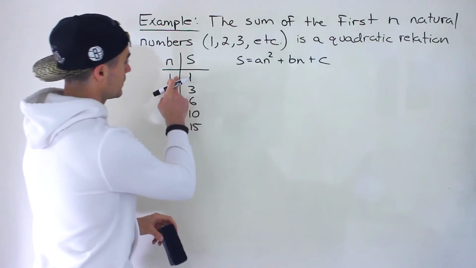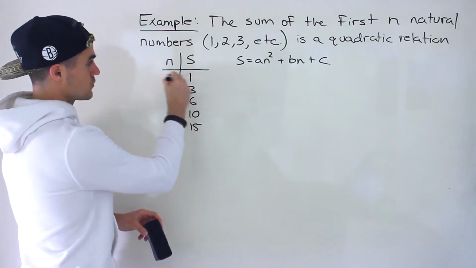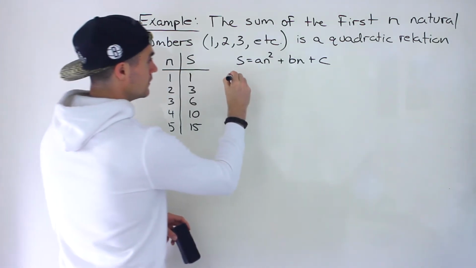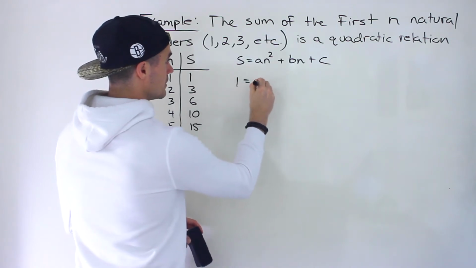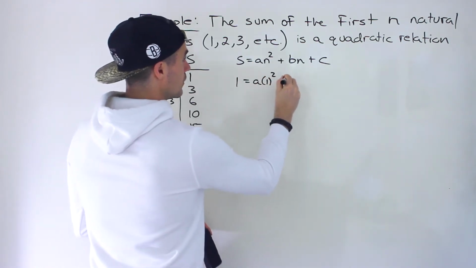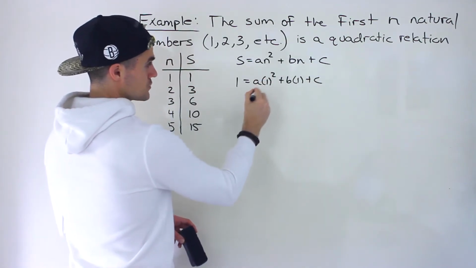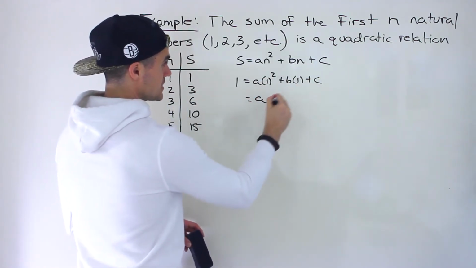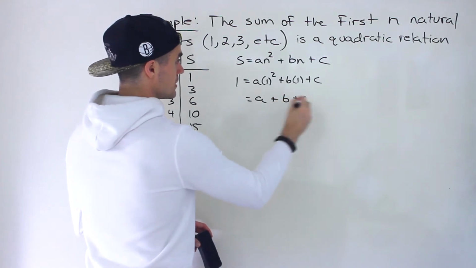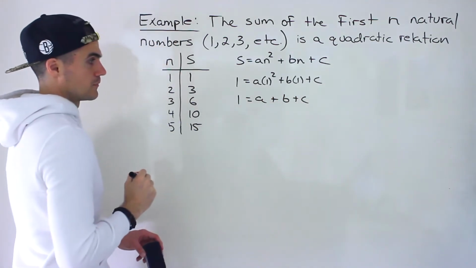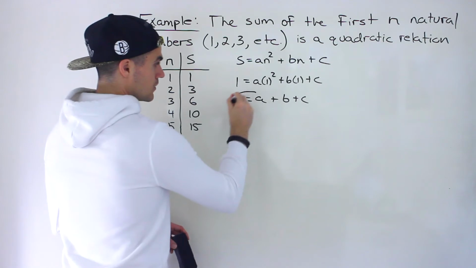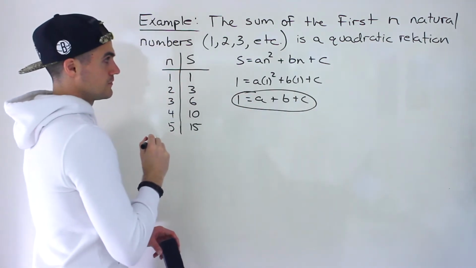Let's first start off with the first point, which is 1 and 1. So we plug in 1 for s, and then 1 for n, right? 1 to the power 2 is just 1 times a would give us a. b times 1 is just b plus c, and then we got 1 over here, right? So that's the first equation that we could use.